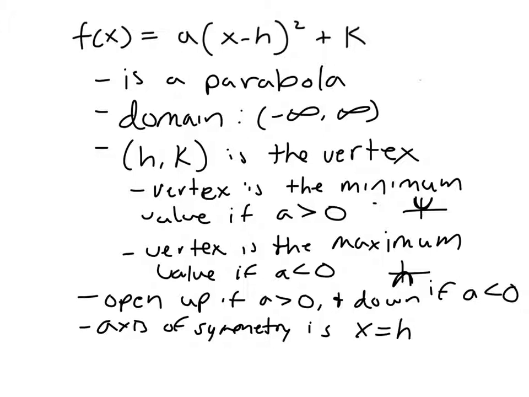Let me draw this out. Say we have a parabola that looks like this, and its vertex is at h comma k. The axis of symmetry is the line that you can fold over, and your parabola will line up on itself. That is right here at x equals h. That's the axis of symmetry.